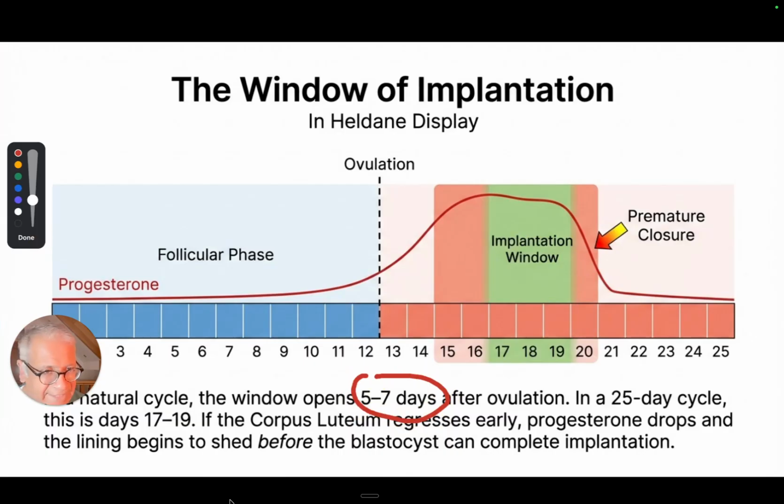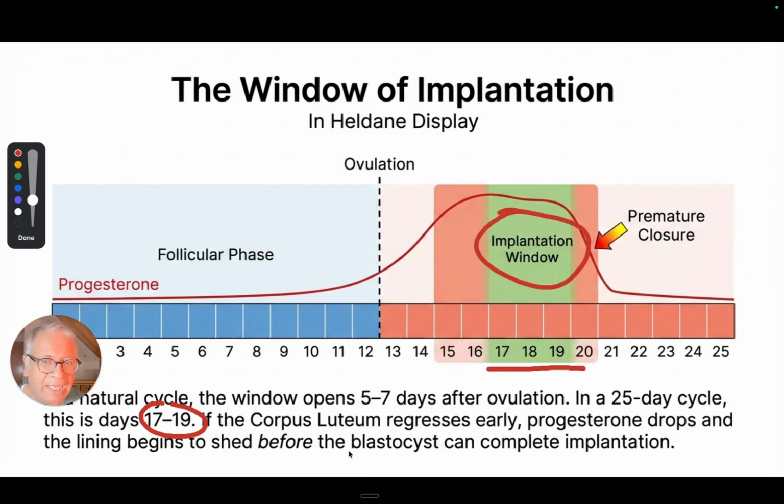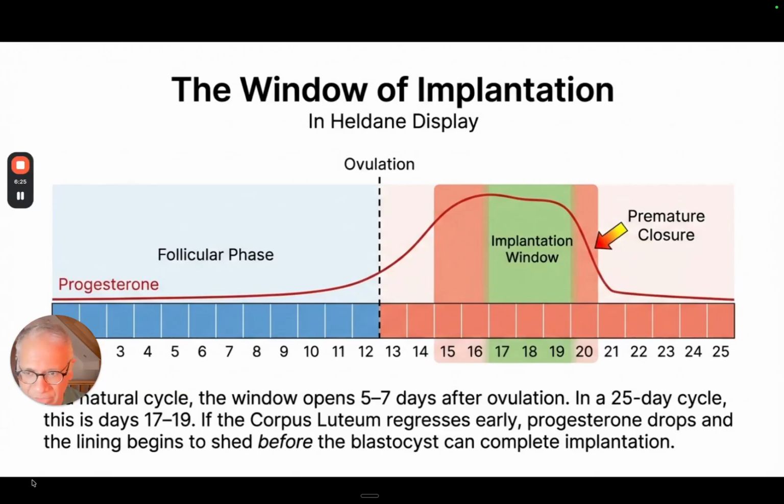In a 25-day cycle, it opens at 17 to 19 days. That is when the window of implantation opens. If the corpus luteum regresses, then this progesterone level starts dropping sooner. And as it drops sooner, the lining begins to shed before the blastocyst can complete implantation.